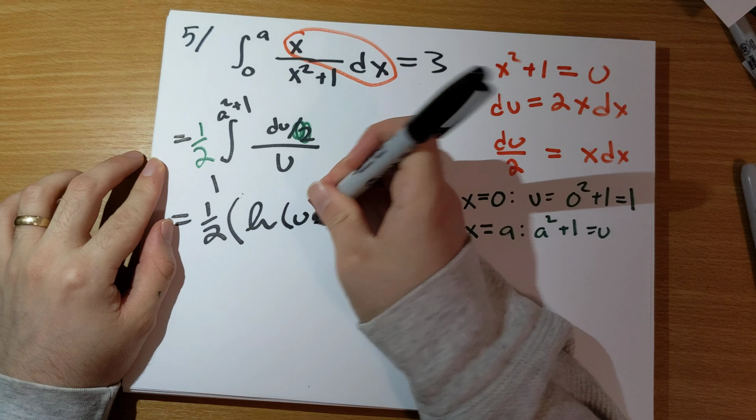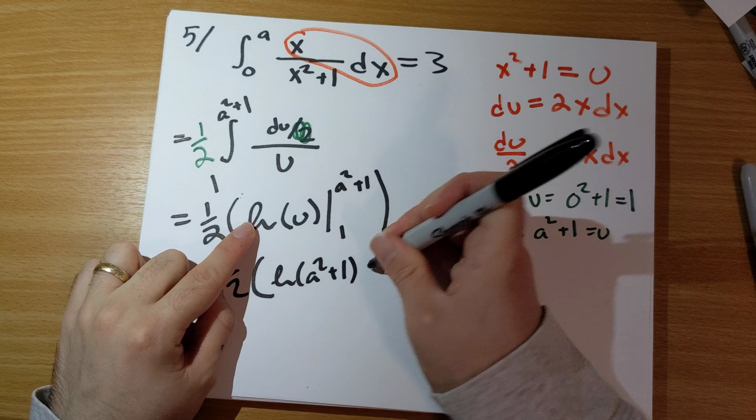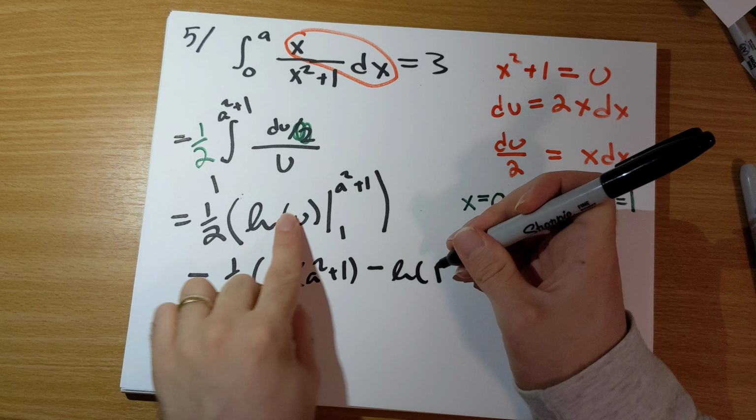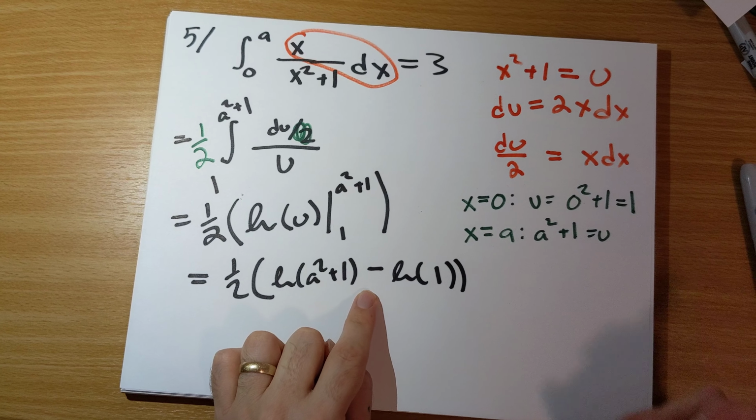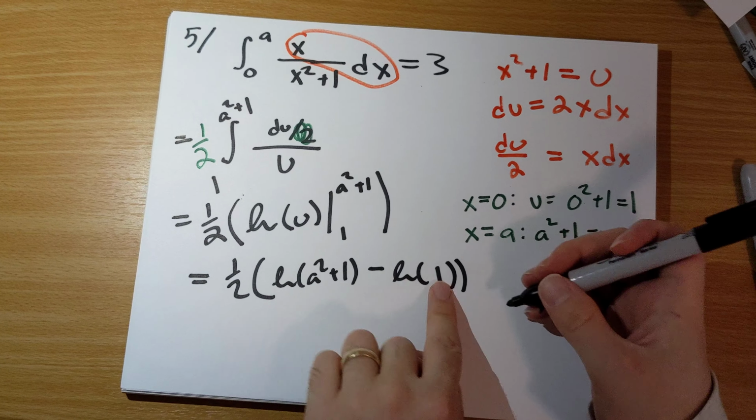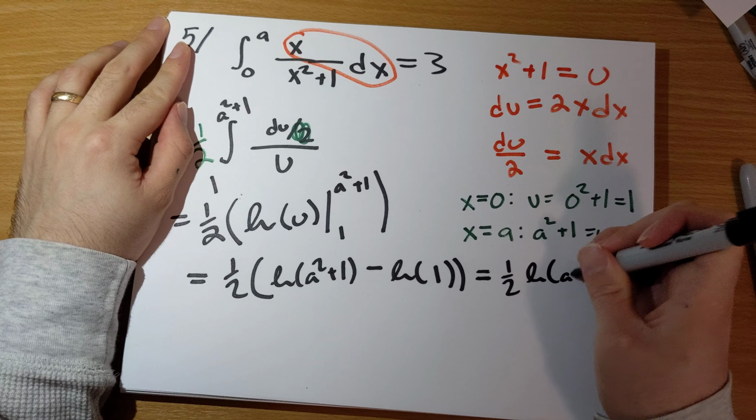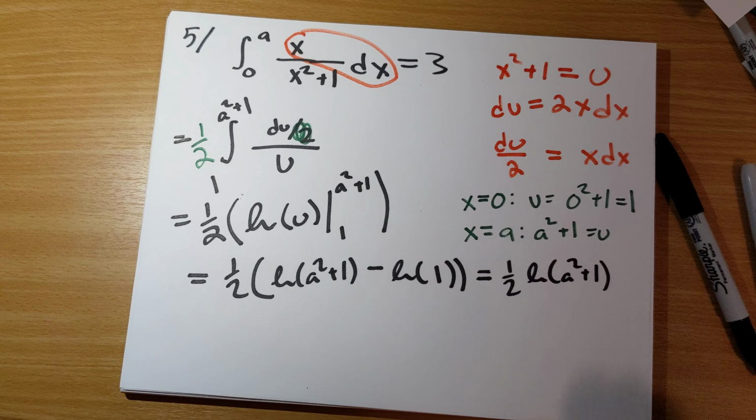So I can just plug in from 1 to a squared plus 1. This is going to be 1/2 log of a squared plus 1 minus log of 1. Natural log of 1 is 0. So this is just 1/2 natural log of a squared plus 1.